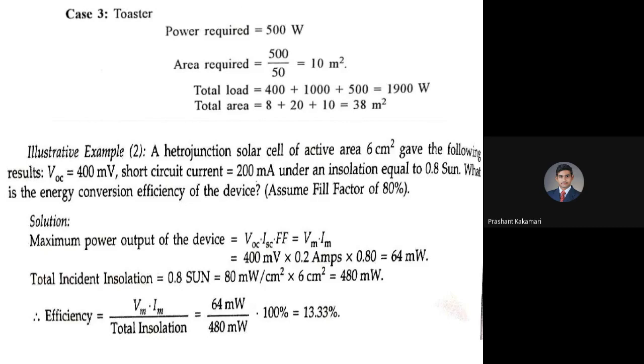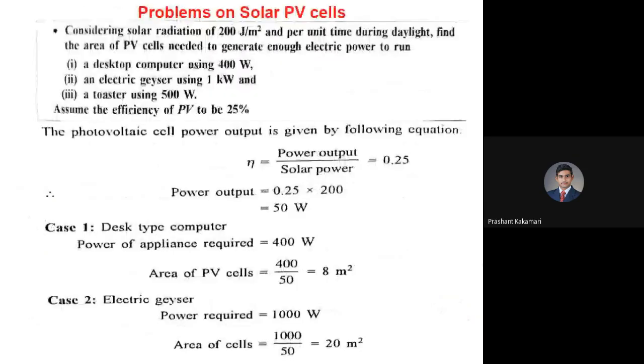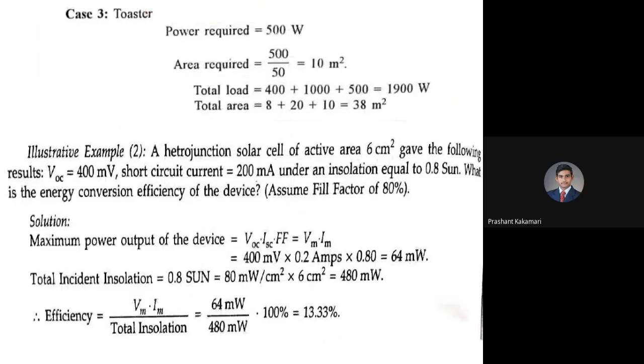I'll add all the loads, and the total area is the sum of all the areas. That is 8 meter square for the desktop, 20 meter square for the geyser, and 10 meter square for the toaster. Once you add all these areas, I understand that to run this 1900 watt, I need 38 meter square.